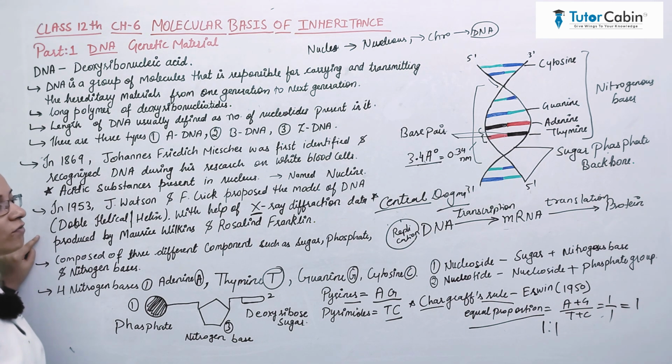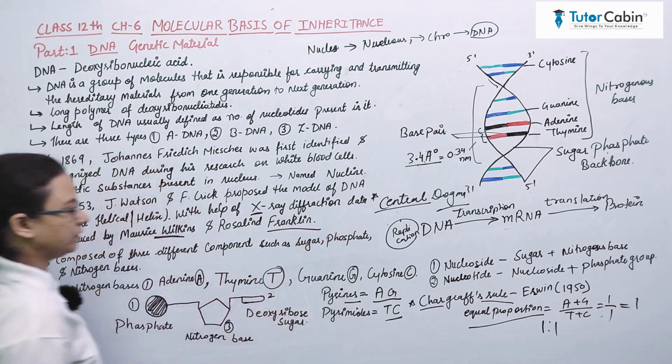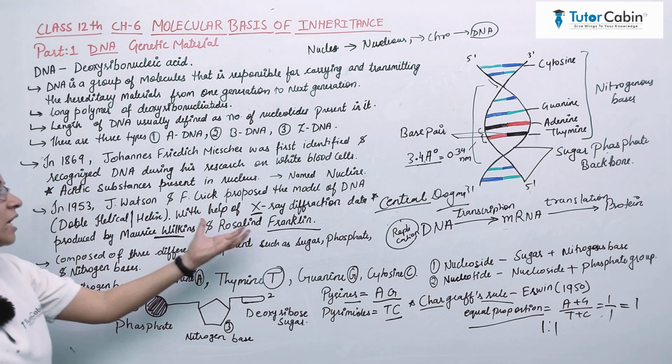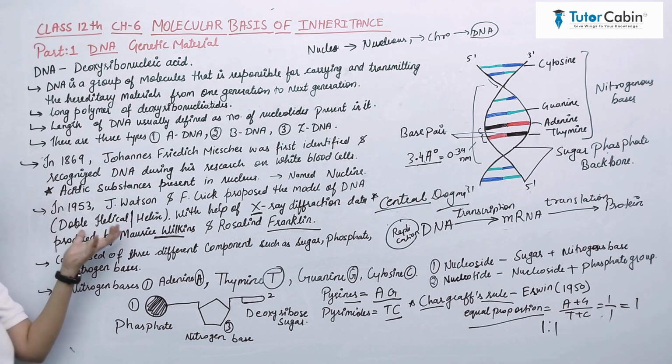The X-ray diffraction data was produced by Wilkins and Franklin. Both scientists worked on X-ray and produced data, and this data was applied for the detection of the model of the DNA double helix.